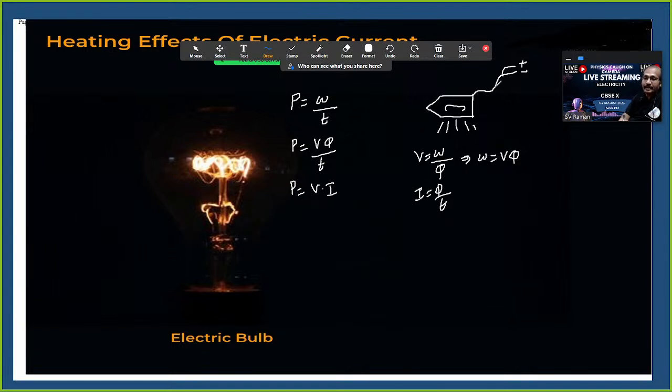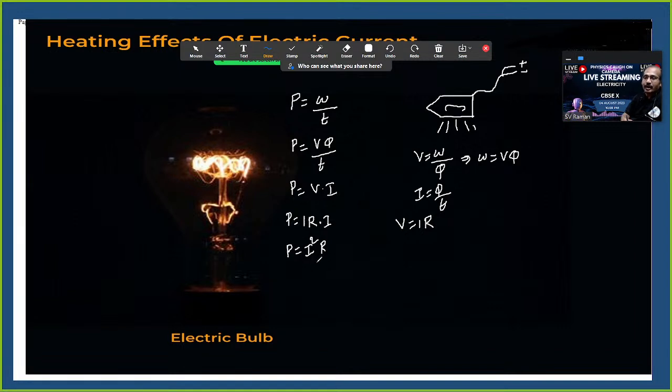We got power P. Each and every electrical appliance has to obey Ohm's law. As per Ohm's law, V is equal to IR. Substitute Ohm's law over here. So power P is equal to IR into I. IR into I is I square R. So P is equal to I square R. Clear?